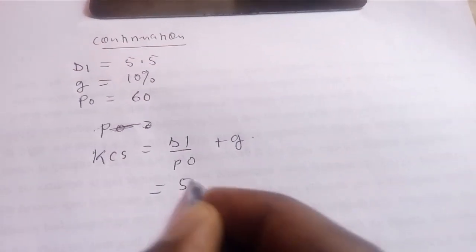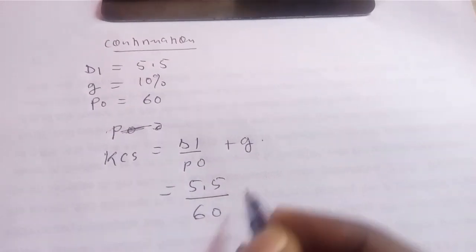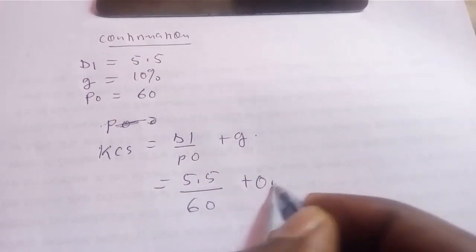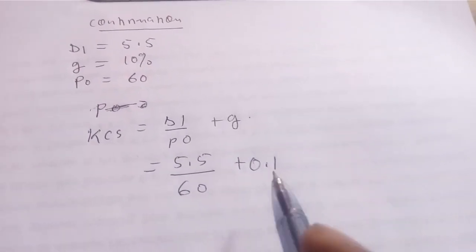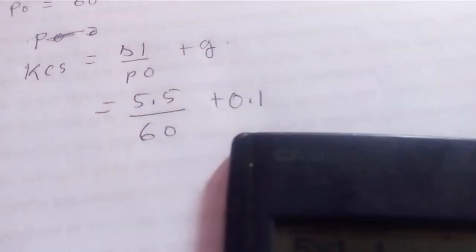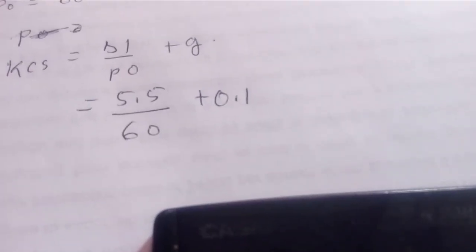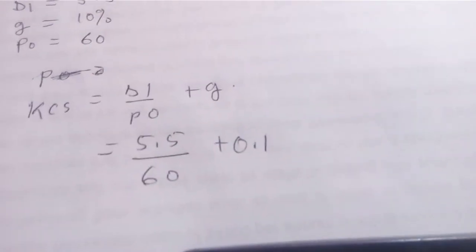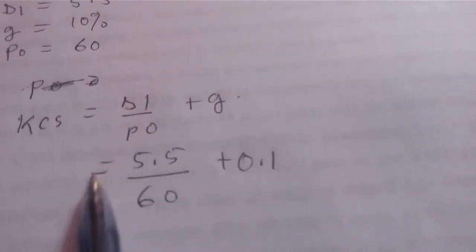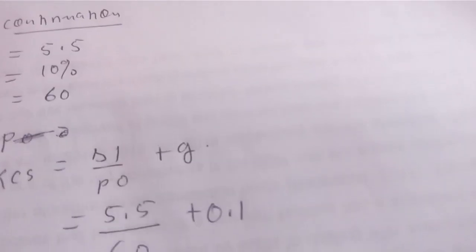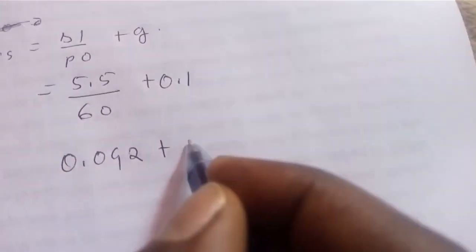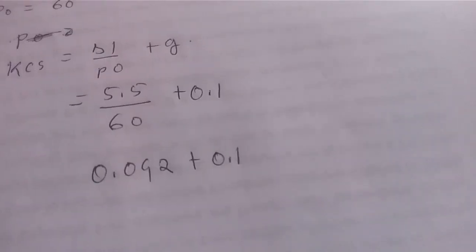This gives us 5.5 over 60 plus the growth rate, which is 10%, which we will just use as 0.1 after dividing by 100. What we get after some computation is that the dividend yield, which is this part here, when we divide, gives us 0.092. Then we add 0.1.